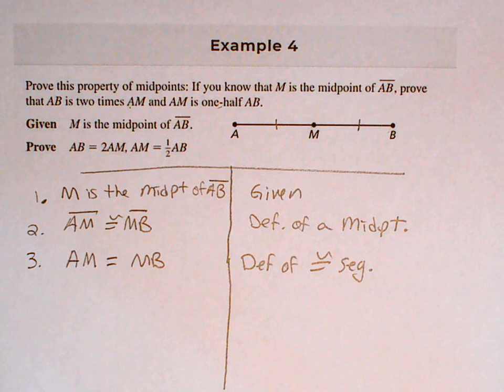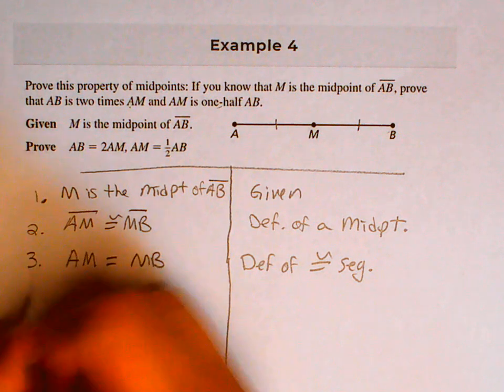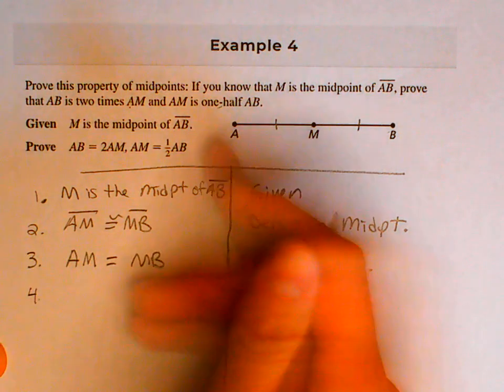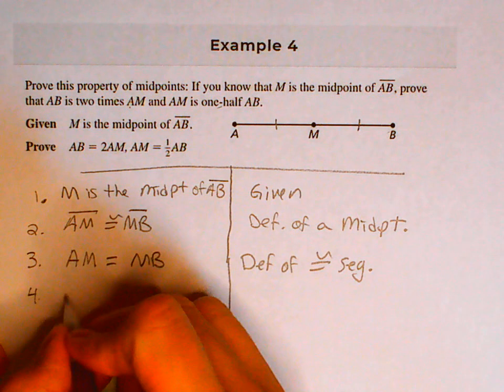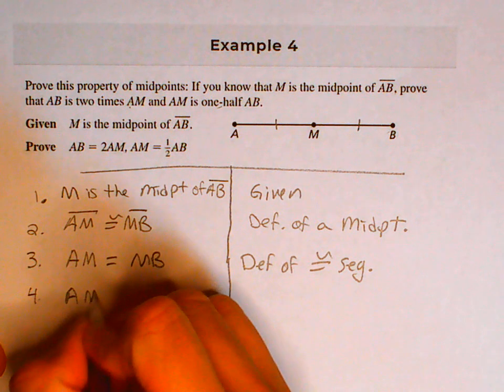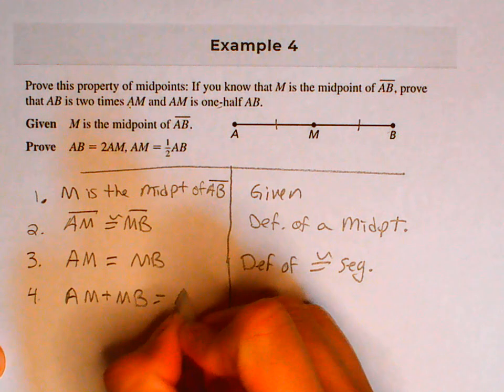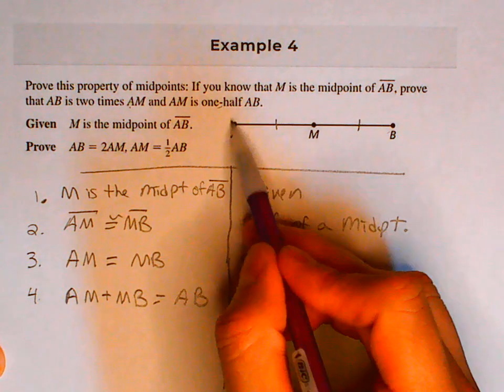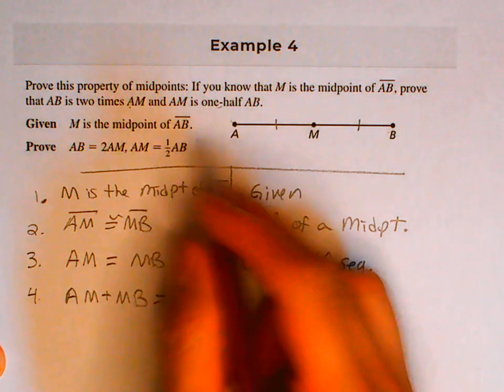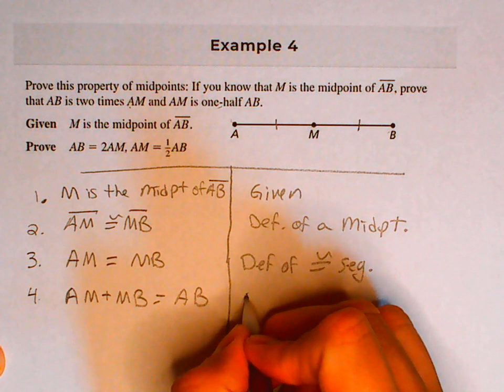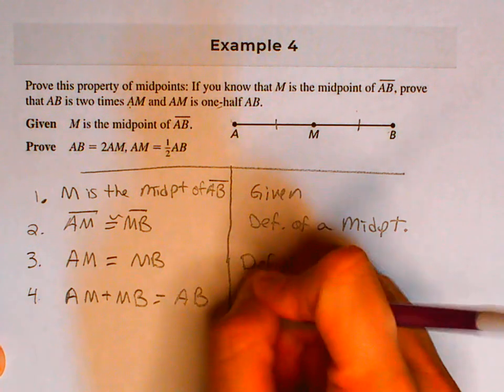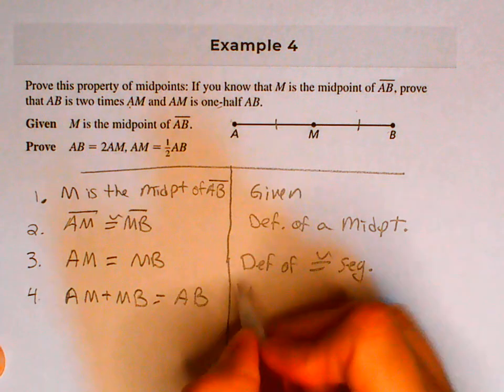All right, so now what we need to do is involve the segment addition postulate. How are we going to do that? Well, you have two segments, put them together with one. So look, AM plus MB equals AB, right? AM plus MB equals AB. Yeah, it does. That's the segment addition postulate.